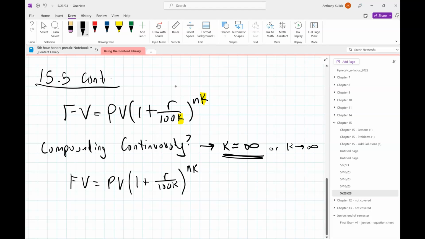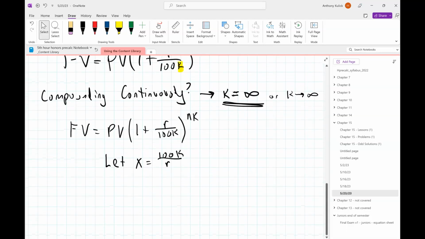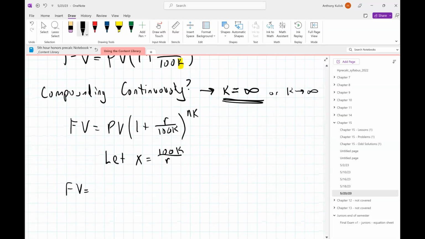I'm going to let x equal 100k over r. So if I do that, r over 100k becomes just 1 over x, right?